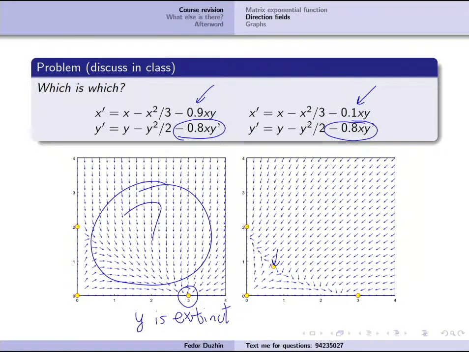So which means that if y is extinct here, then it must be this. Because in the second system of equations, as compared to the first, y is less competitive because its bad influence on x is smaller. And here, y is more competitive, so which means it stands a chance to survive.